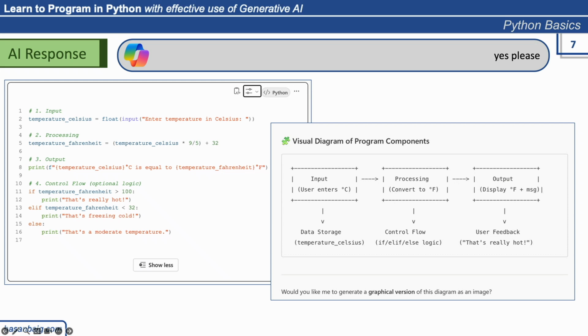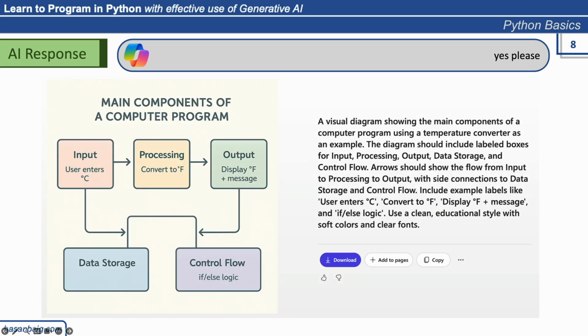And then it gives a visual diagram. Again, it poses the next question: would you like to generate a graphical version of this diagram? And again, I interacted with yes, please, and it gives me the exact visual representation of the code that it generated in the previous interaction.